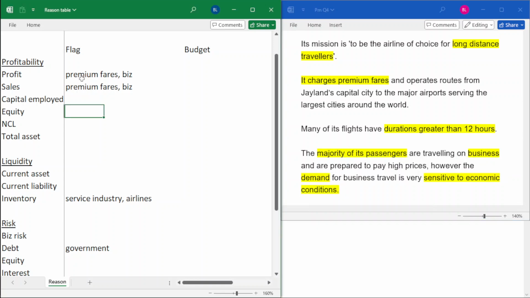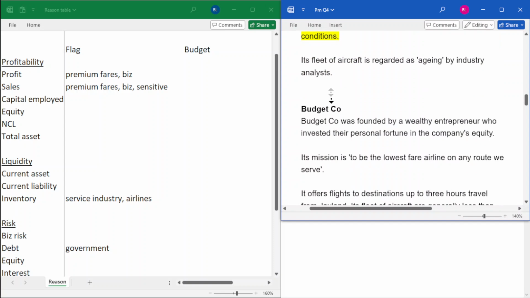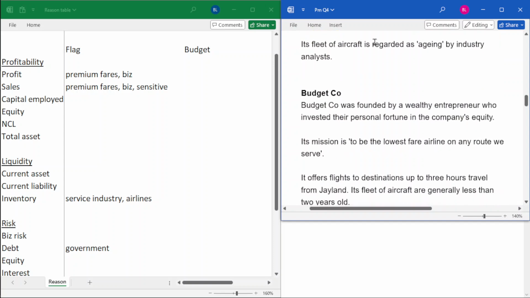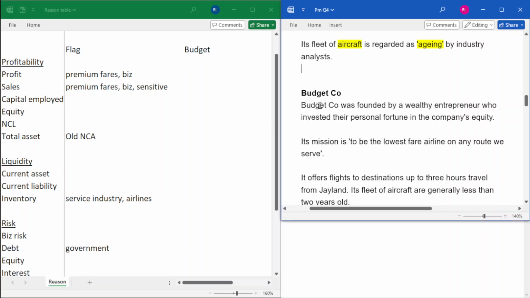So demand is related to the sales, so I put here. His fleet of aircraft is regarded as aging. Aging aircraft is kind of total asset. Let's say the asset is old, so I put ONCA.